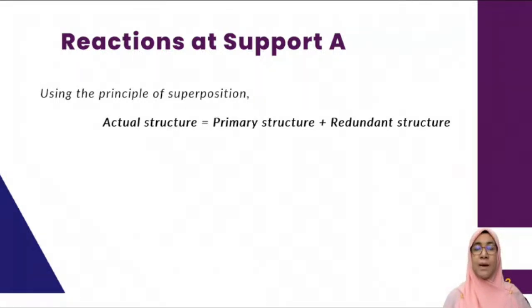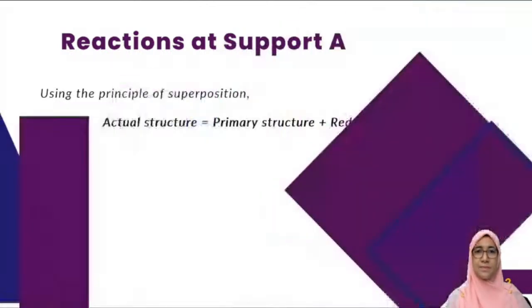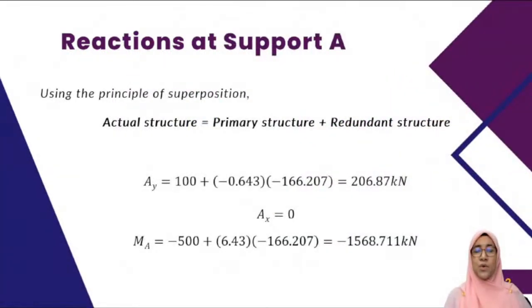We just need to remember the general equation: actual structure equals primary structure plus redundant structure. So AY in the actual structure we get from AY in the primary structure plus AY in the redundant structure. Remember, in the redundant structure, we have to multiply by FBC.